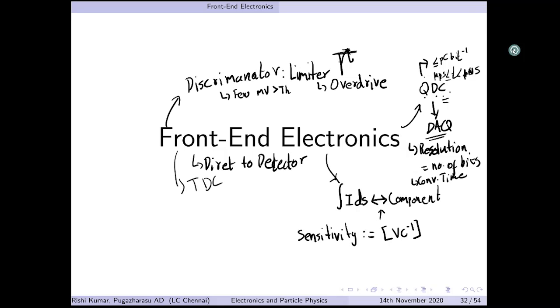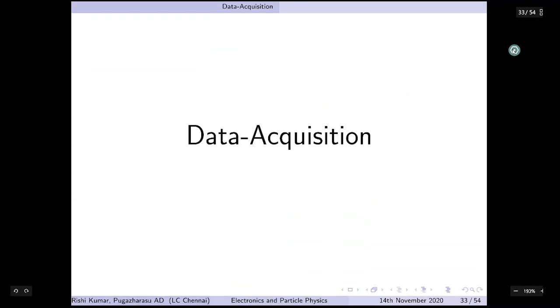The full range can vary per component, from 8 to 16 bits, and the accuracy of these microelectronics is very much dependent on the numerical integration method they follow. So this is a quick intro to front-end electronics. Now we'll head to DAQ, which is data acquisition.